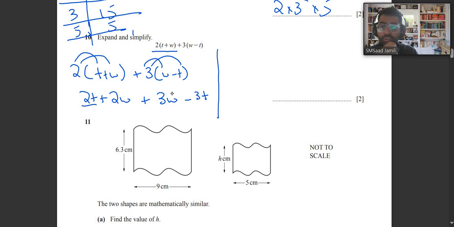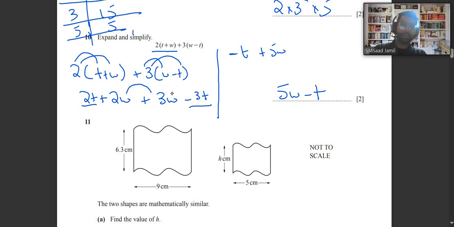So 2t minus 3t, that's minus t, okay, and 2w plus 3w is plus 5w, alright. So you guys can write 5w minus t. The order doesn't matter, but we write the positive number first.